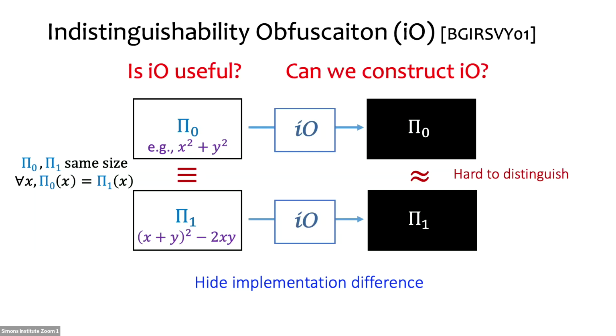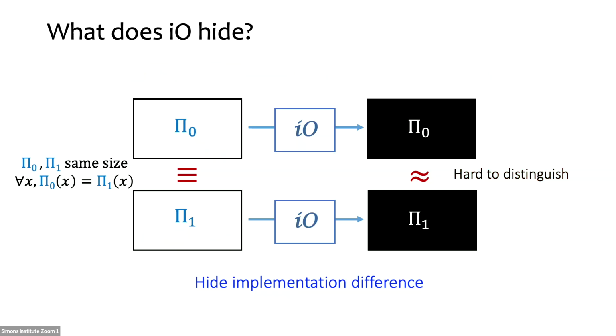So therefore, two immediate questions that arise are: is this notion still useful, first of all? And second, if so, can we actually construct it? It turns out that those two questions took us decades to answer, and we're still on the way. So let's first look at the usefulness question.